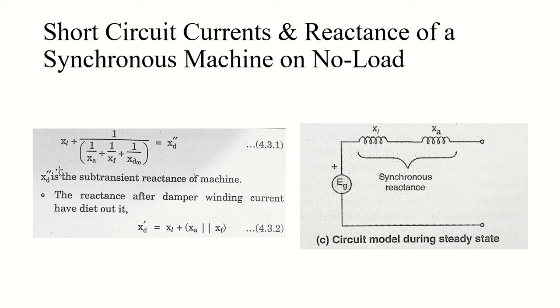So the reactance under steady state condition is the synchronous reactance of the machine XD, and it will be nothing but the sum of XL plus XA, and obviously XD double dash will be less than XD dash, and XD dash will be less than XD, which means the value of XD is the maximum and the value of XD double dash will be minimum, right?